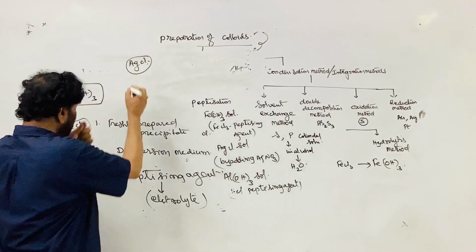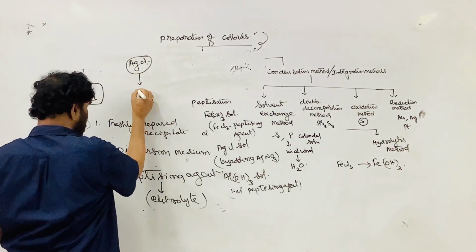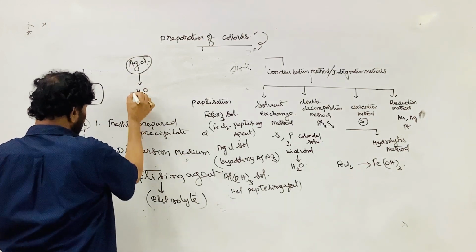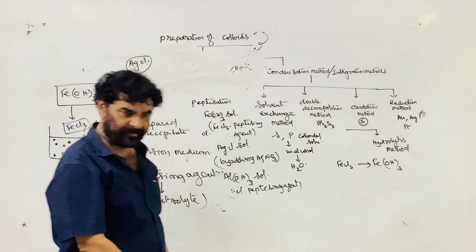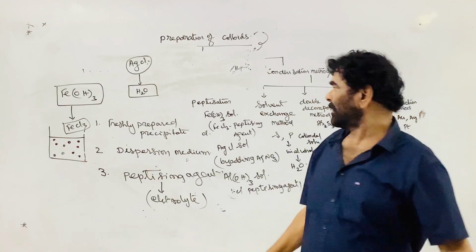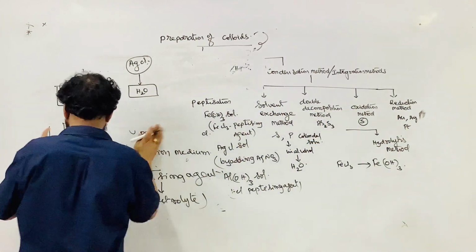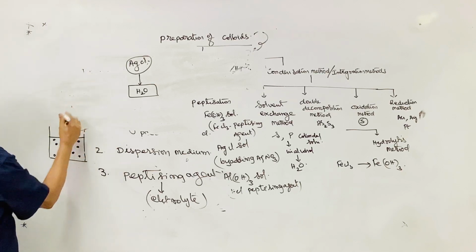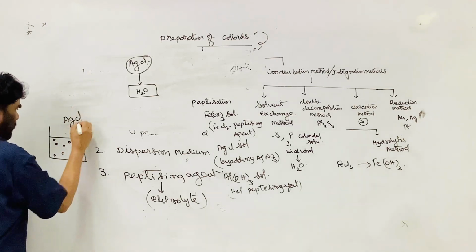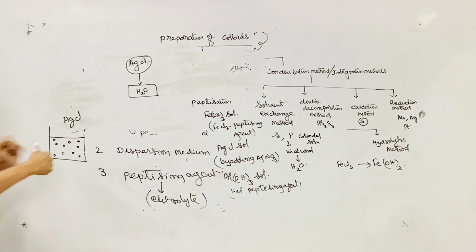First it is taken into water, where the dispersion medium is water, a hydrosol. Now, to this system, AgCl is added. Stir it.